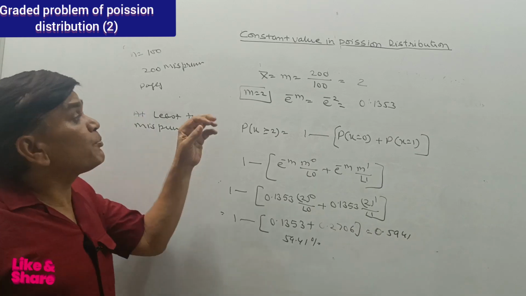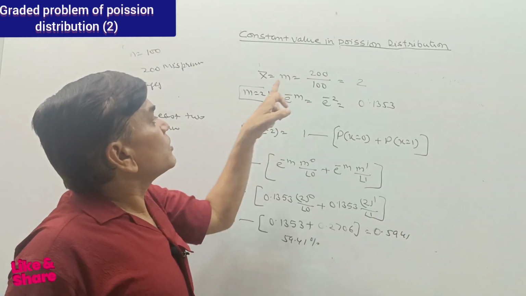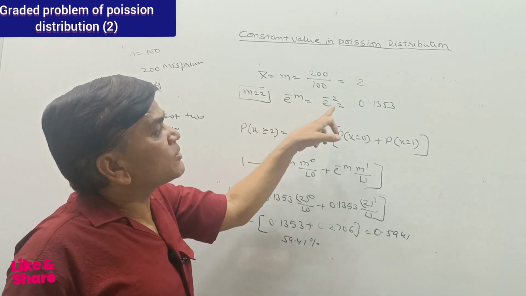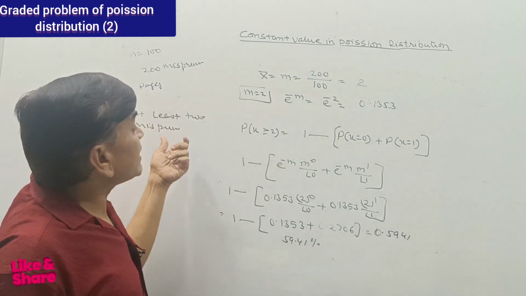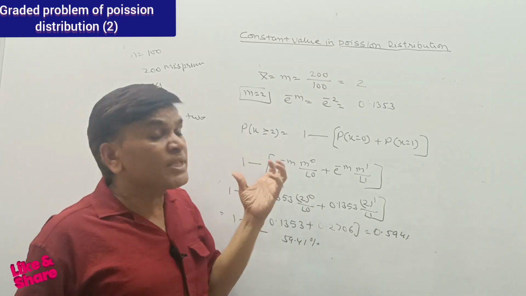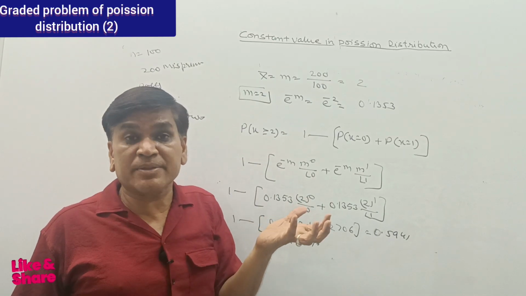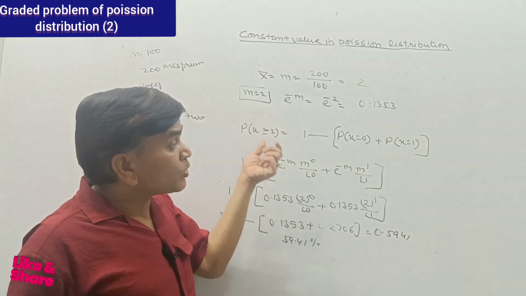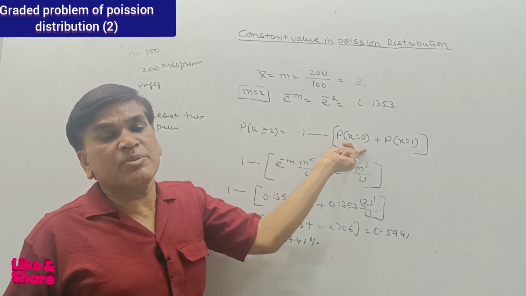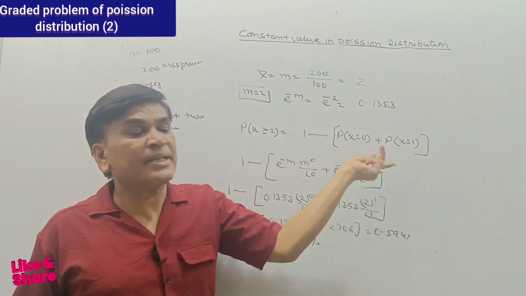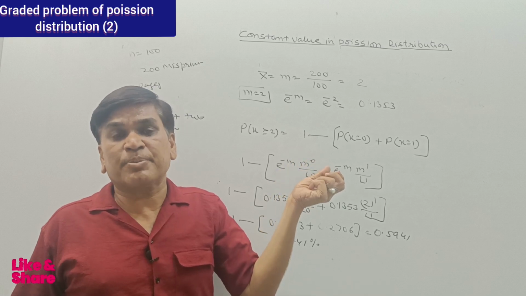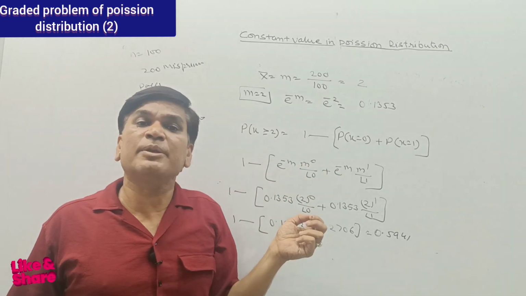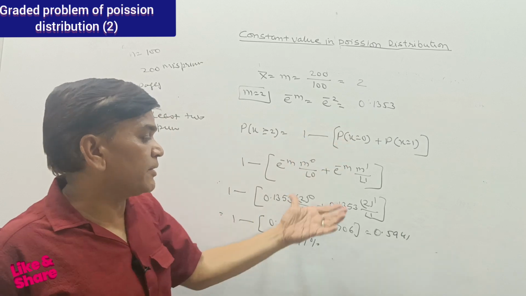So the average per page mistake is 2. So we calculate e raised to power minus 2, that is 0.1353. Then for getting at least 2 mistakes, meaning 2 and more than 2 mistakes, we take the total minus the 0 mistake and 1 mistake probabilities. So the remaining will be 2 and more than 2 defects.